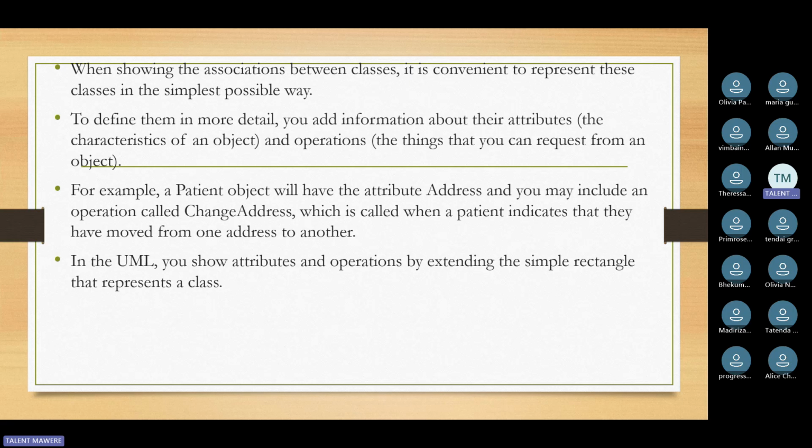I'll show you in the next page. For example, a patient object will have the attribute address. You may include an operation called change address, which is called when a patient indicates that they have moved from one address to the other.